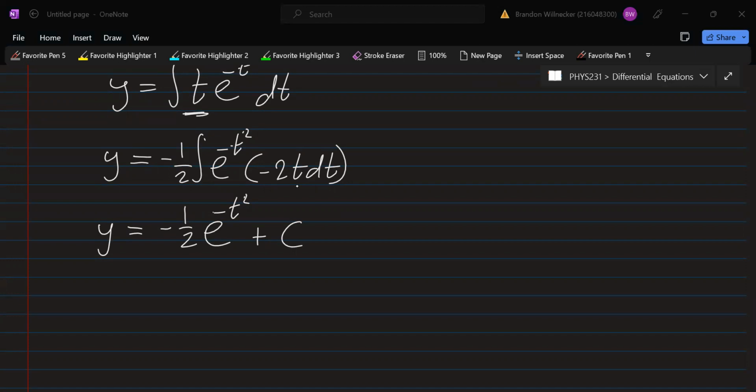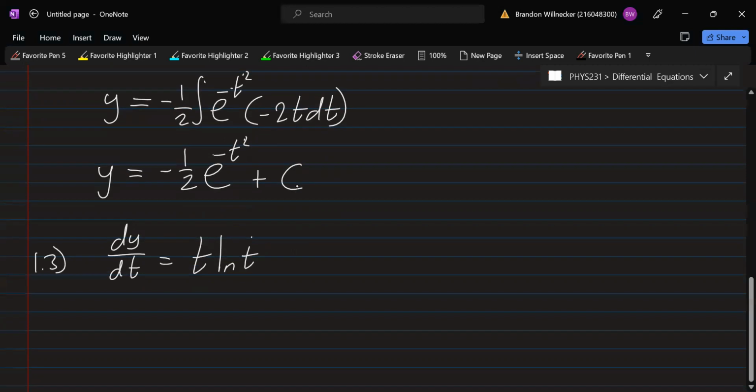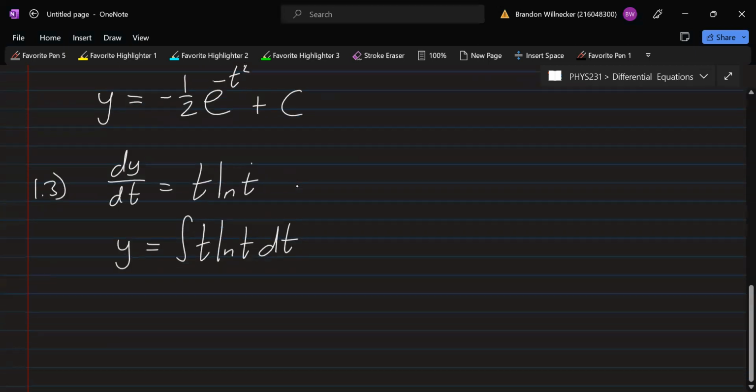So 1.3, we have dy by dt is equal to t natural log of t. And again, we can just directly integrate. So y is equal to the integral t log t dt.